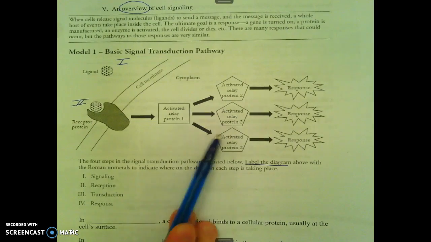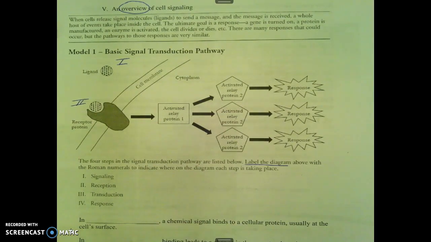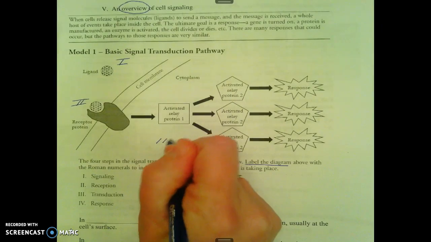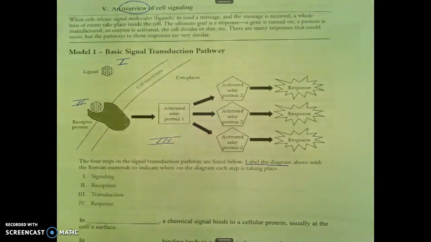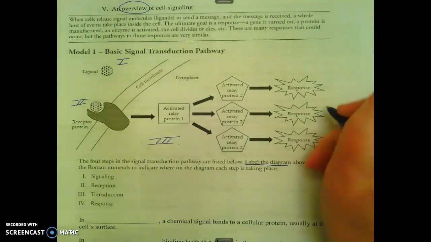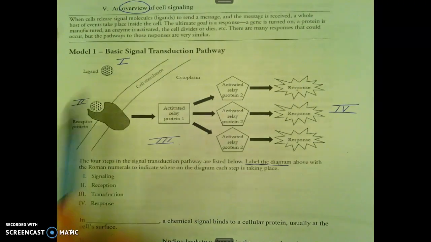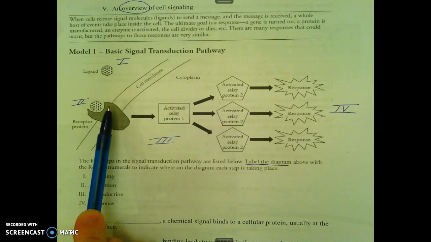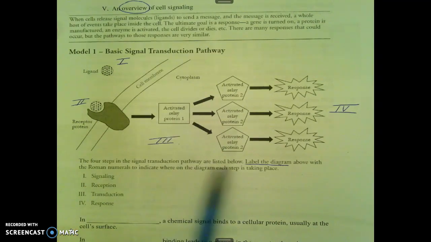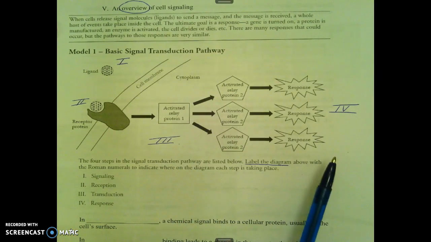Transduction refers to the series of events that occur within the cell, a series of changes that ultimately bring about the cellular response. The message is sent, the message is received, changes occur, and the cell does something about the message it got.